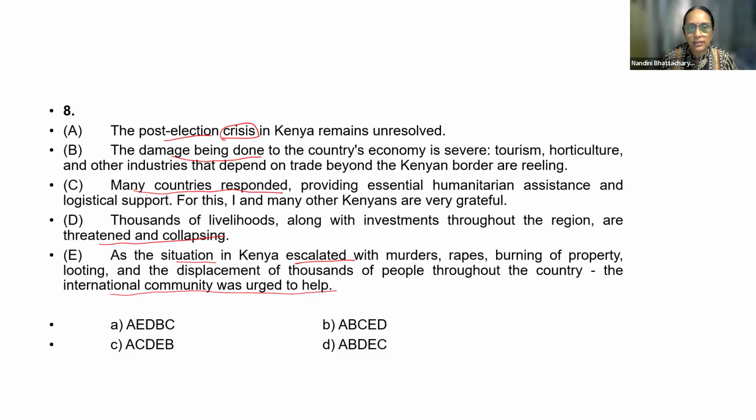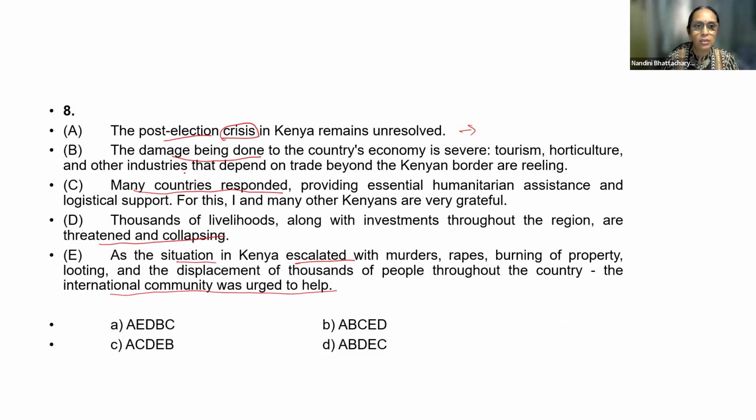So look at the key themes of each sentence. A says post-election crisis in Kenya remains unresolved. B says the damage being done to the country's economy is severe.